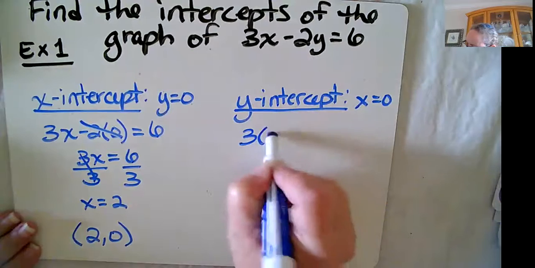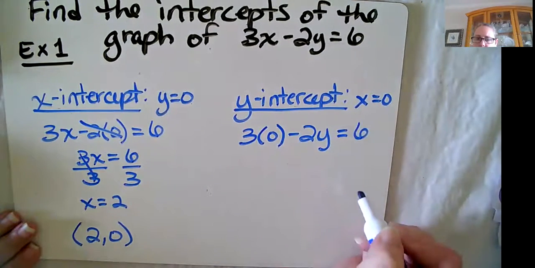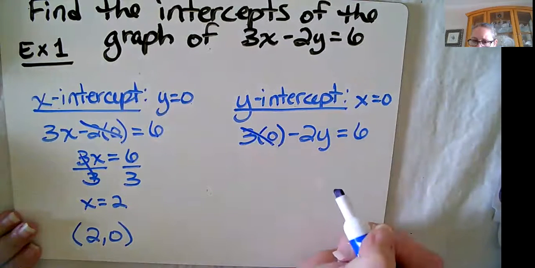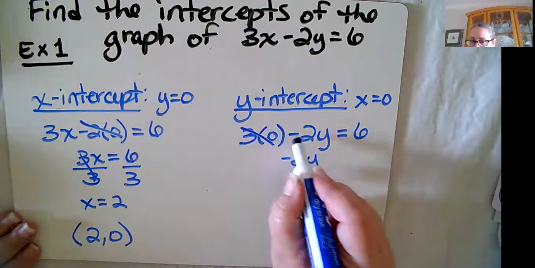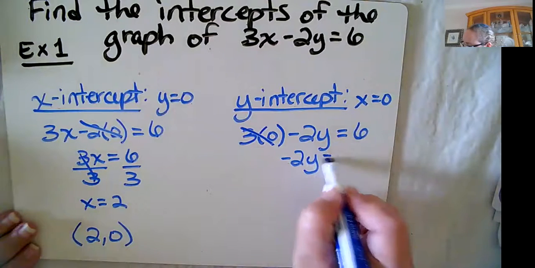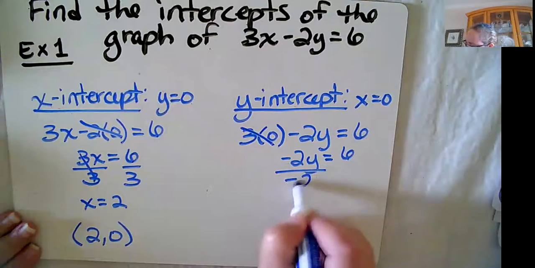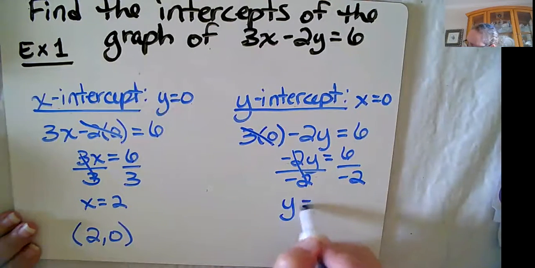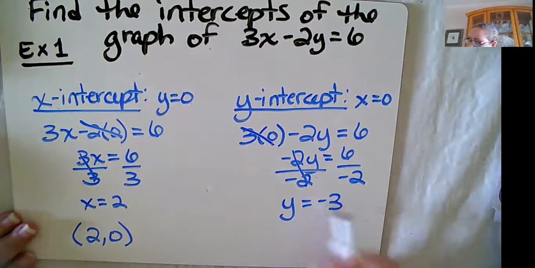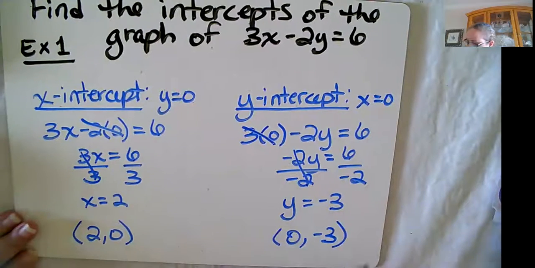So 3 times 0 minus 2y equals 6. This just goes away, and we're left with negative 2y. Don't forget, the sign is always to the left of the number. So negative 2y equals 6. Divide and divide. So y equals negative 3. That itself is a separate ordered pair, which is (0, -3).